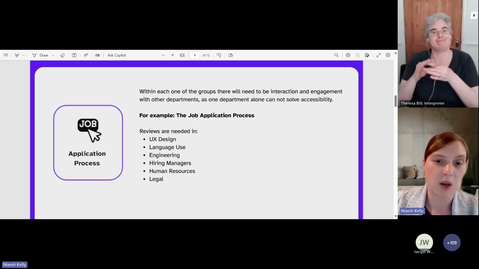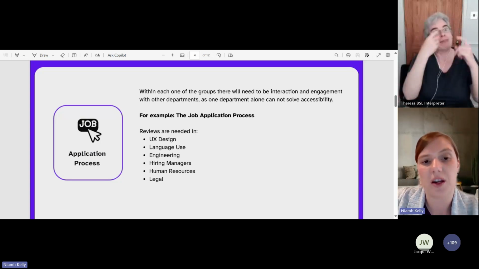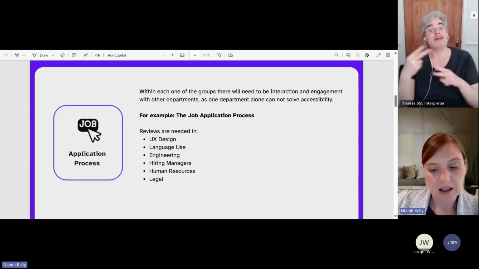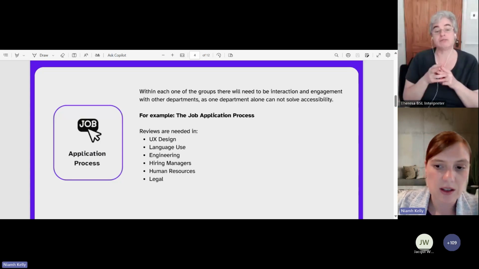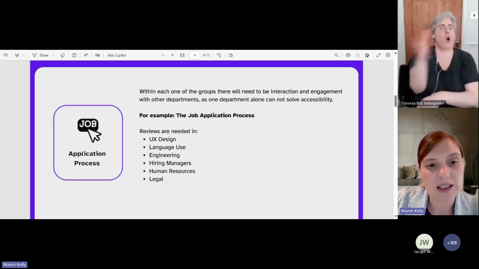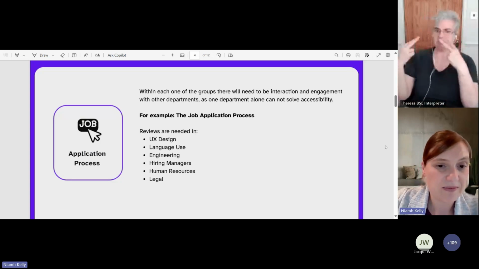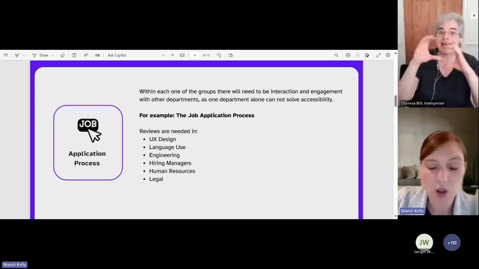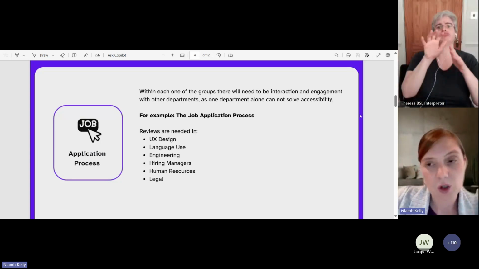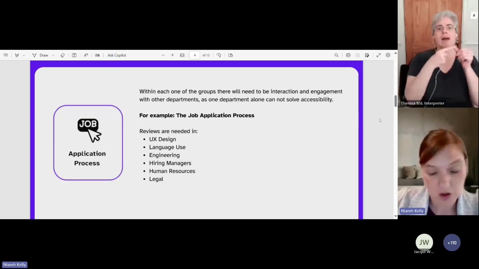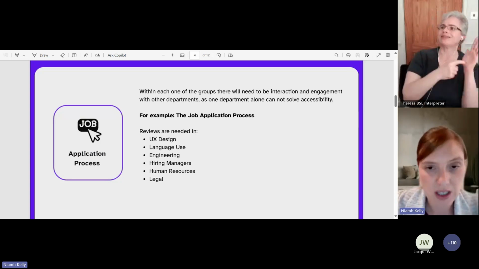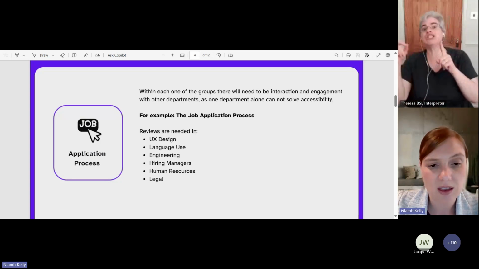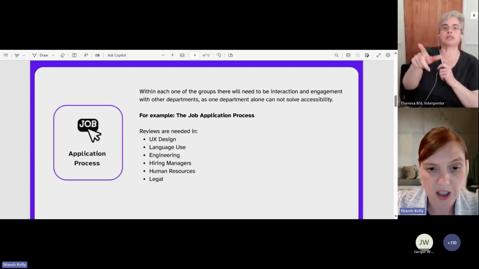So if we think about the job application process, we've already mentioned that today. Reviews are needed across departments. A review is needed with the UX design, with the communications or the hiring manager who wrote the job description, engineering, as in from a digital perspective, how can the person upload their information?